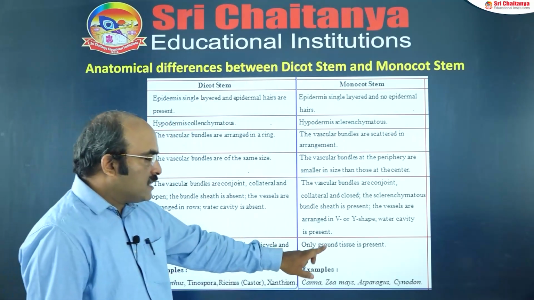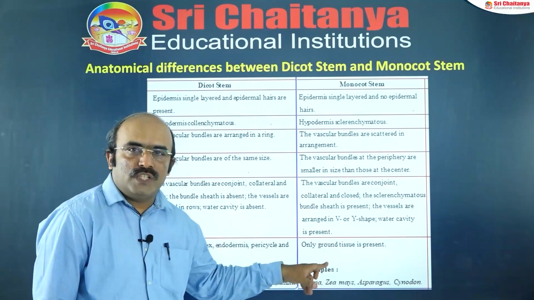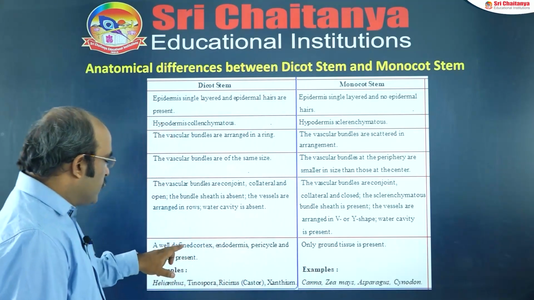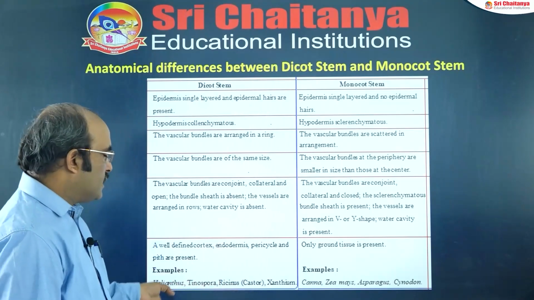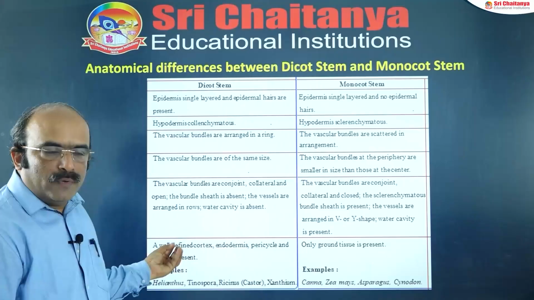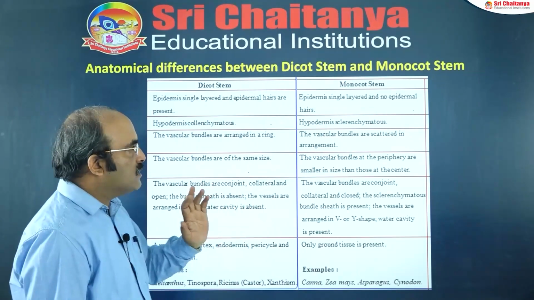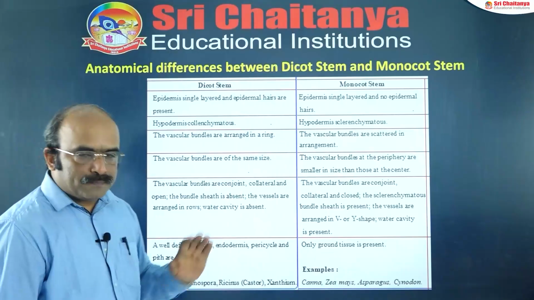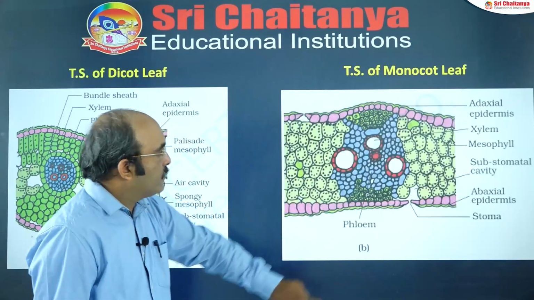So here major space in monocot stem is occupied by ground tissue, which is made up of parenchyma, but here you have well-defined differentiated layers called endodermis, pericycle, and even a well-developed region called pith or medulla. So these are some differences which you could find between dicot stem and monocot stem.